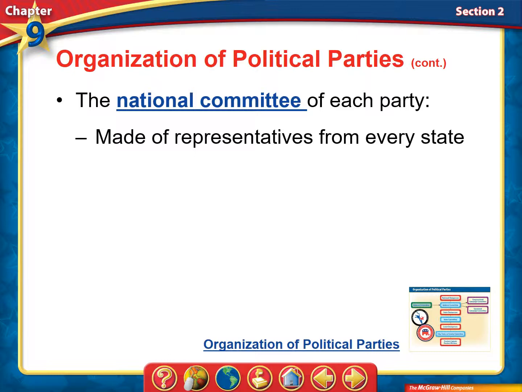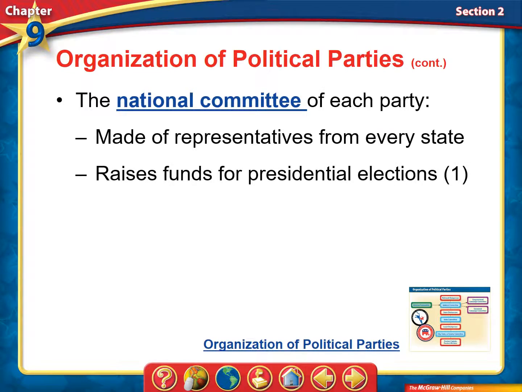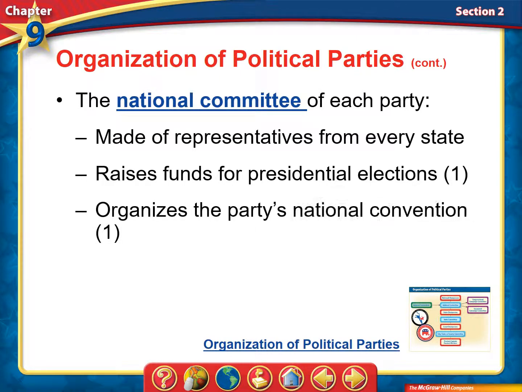The National Committee is made up of representatives from every single state, and one of their primary purposes is to raise funds. Well over $1 billion was spent in the last election, and that was paid for through campaign contributions. It's also the job of that party's National Committee to organize their national convention.